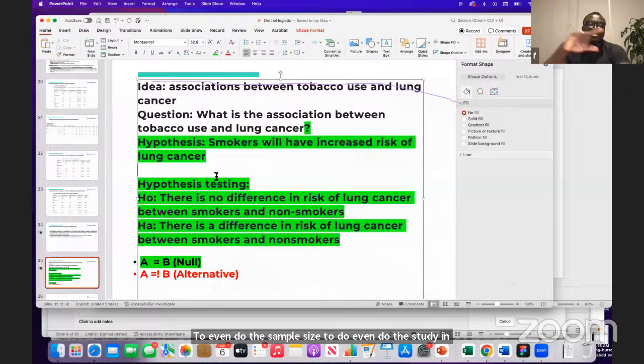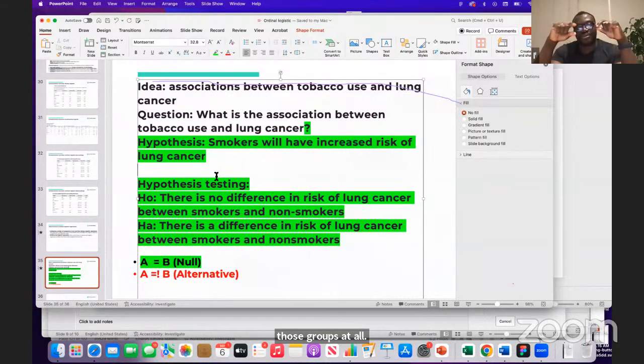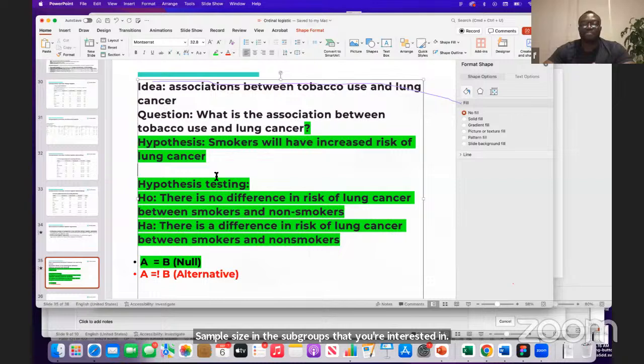Because the sample size for the overall population will be the same as the sample size in those subgroups that you are interested in, right? So that is what you need to do. But in general, if you can avoid indiscriminate subgroup analysis, please do so, because of the risk of type 1 error, which is you end up finding things just because you're looking so hard.